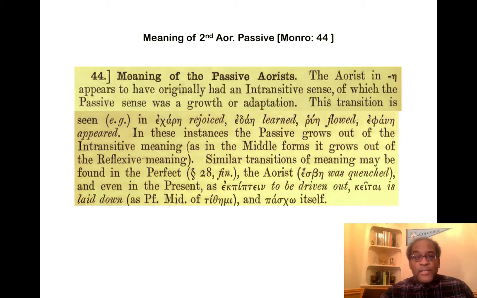This transition is seen, for example, in ekarein, rejoiced, edaein, learned, rhue, flowed, ephane, appeared. In these instances, the passive grows out of the intransitive meaning, just as in the middle forms, it grows out of the reflexive meaning. And then he gives other examples where such a transition can be seen.